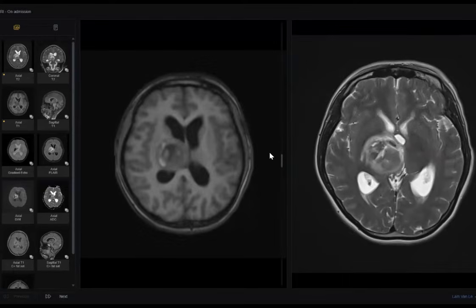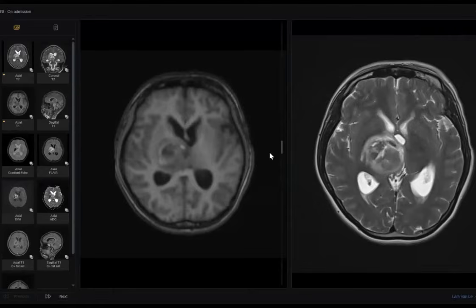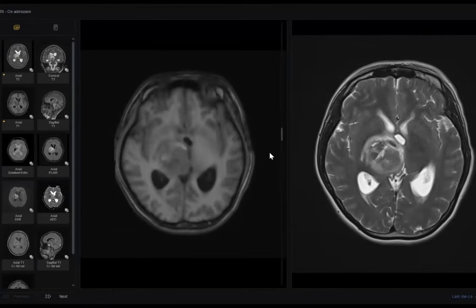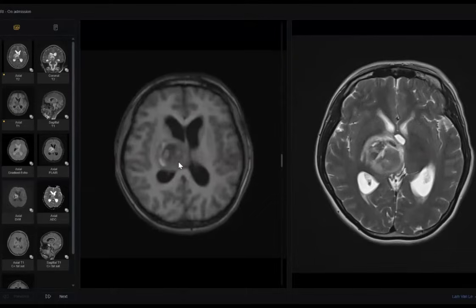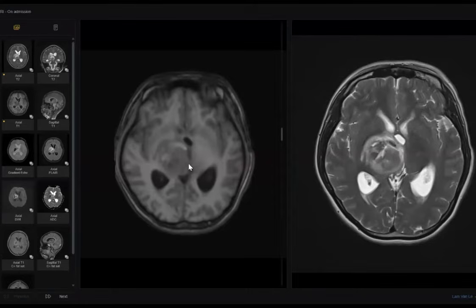In other words, look at the left-sided basal ganglia. Compared to this side, does this thalamus look like this one? No. So there is some pathology here.